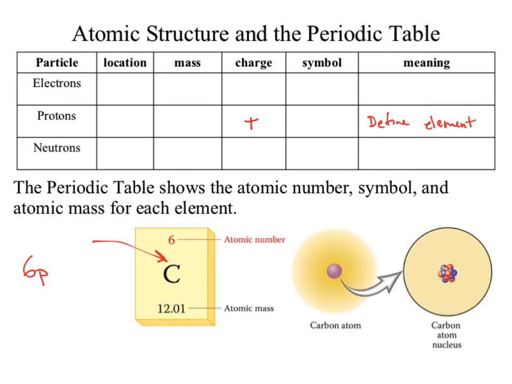What is the charge on a proton? Positive. How many protons are there? 6. So if you have $1, you're plus $1. If you have $20, you're not plus $1. You're plus 20. We have 6 protons, so our charge would be plus 6.